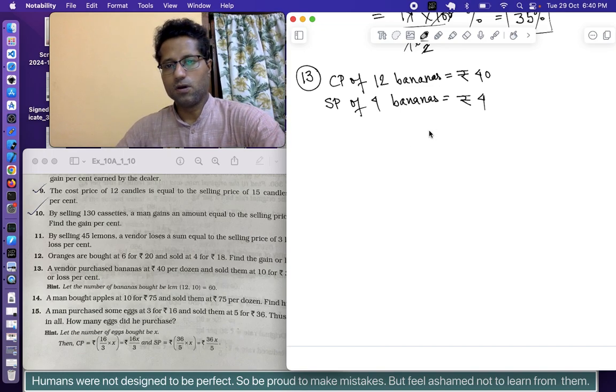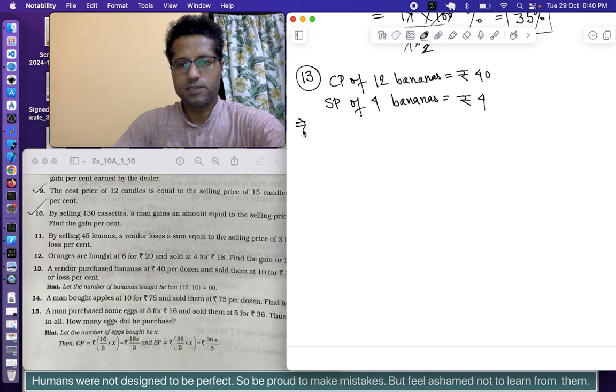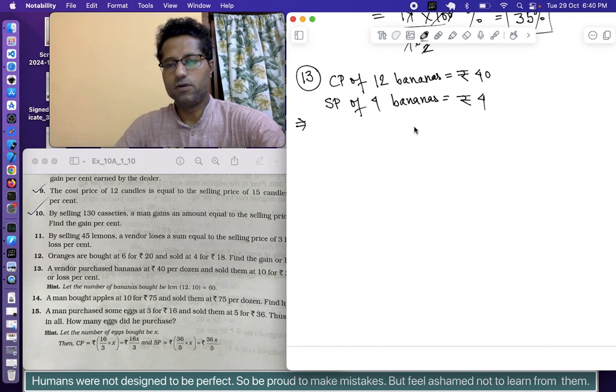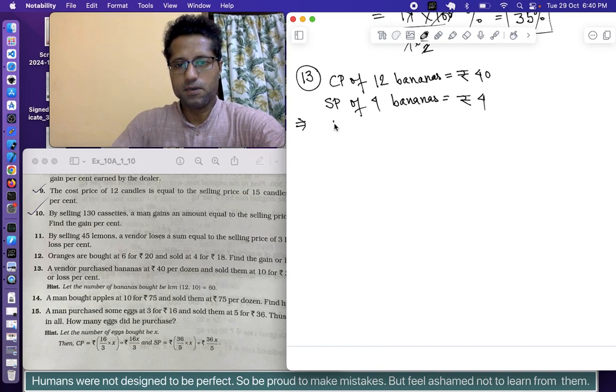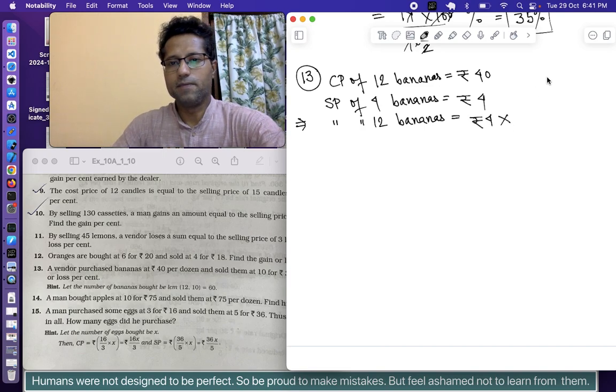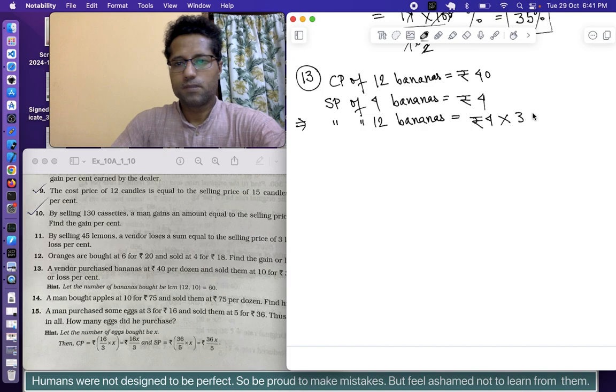So we know the CP of 12 bananas and we know the SP of 4 bananas. So let's find the CP and SP of 12 bananas. So SP of 12 bananas will be rupees 18 multiplied by 3, which is equal to rupees 54.